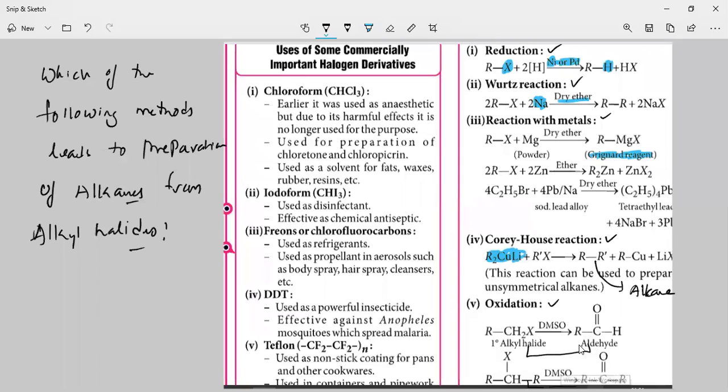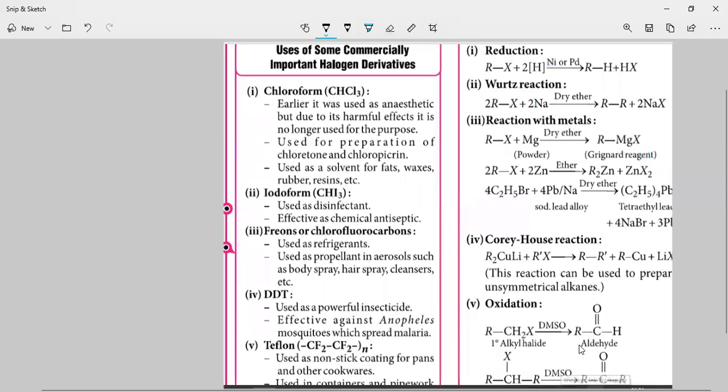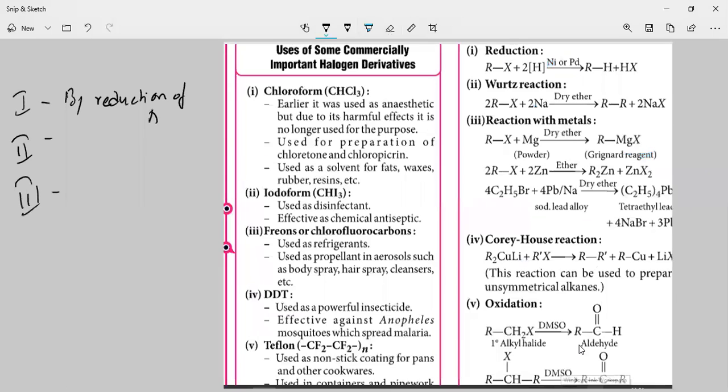So finally, we can prepare by three methods: one is by reduction of alkyl halides, by Wurtz reaction, and the third one is by Corey-House reaction.